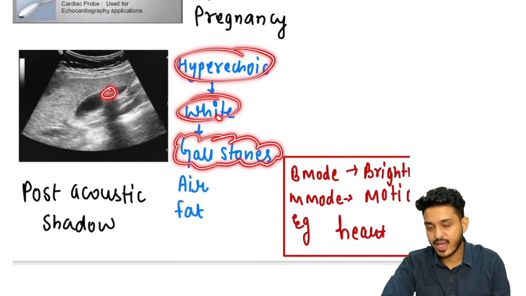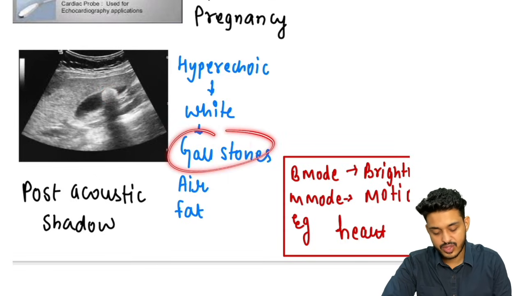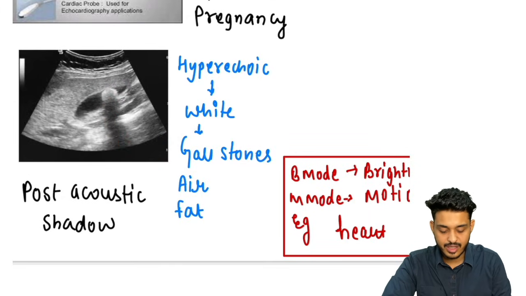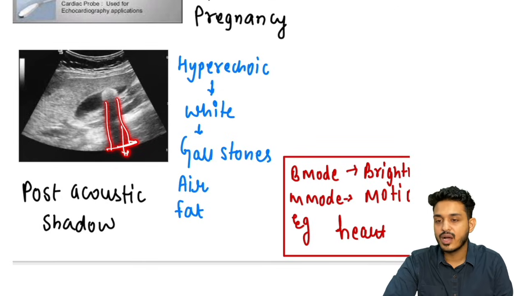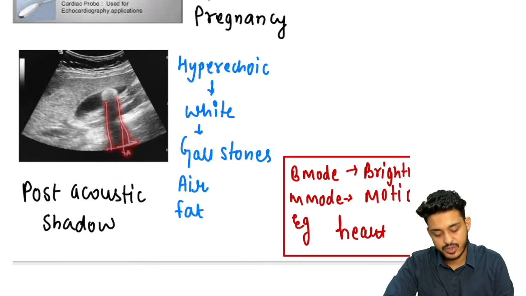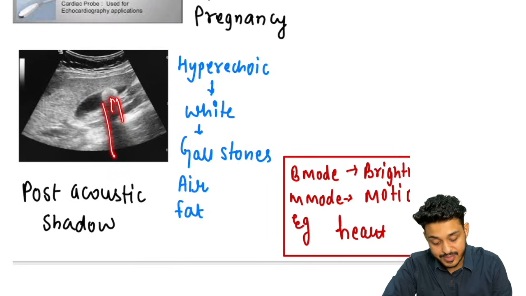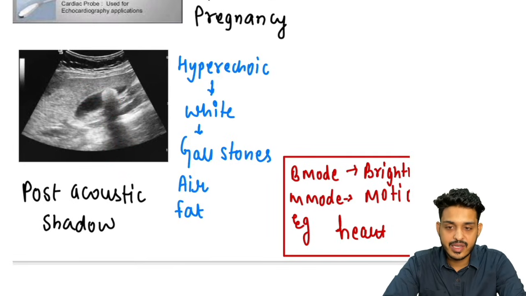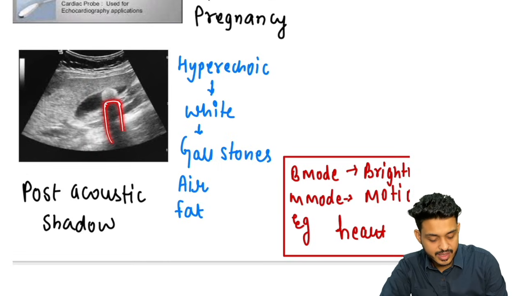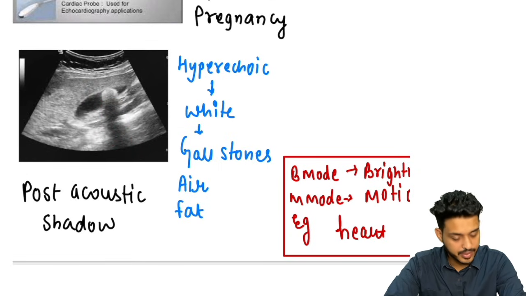On the back side, the sound waves are not going to go back. The stone absorbs the sound waves, and that is why you find a hypoechoic area after this particular thing. This is known as posterior acoustic shadowing, right?